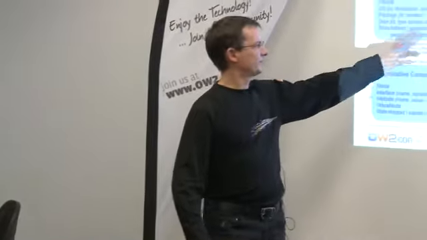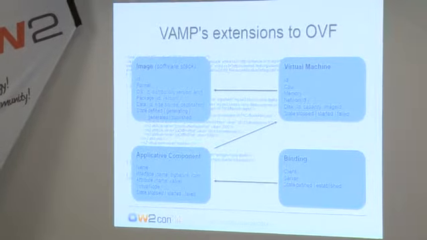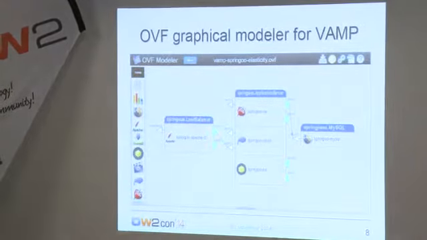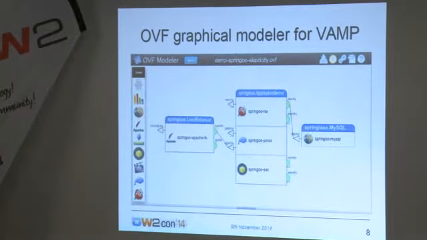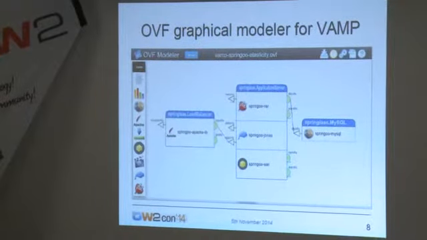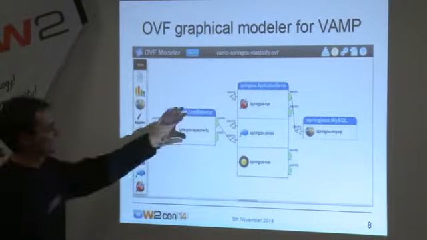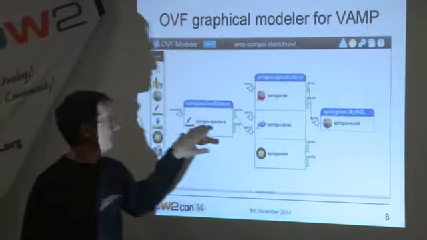Now, in the background image, there is a piece of OVF description, which is very verbose, based on XML. We have developed a graphical modeler, a GUI for these OVF files. Here you see there are three virtual machines.